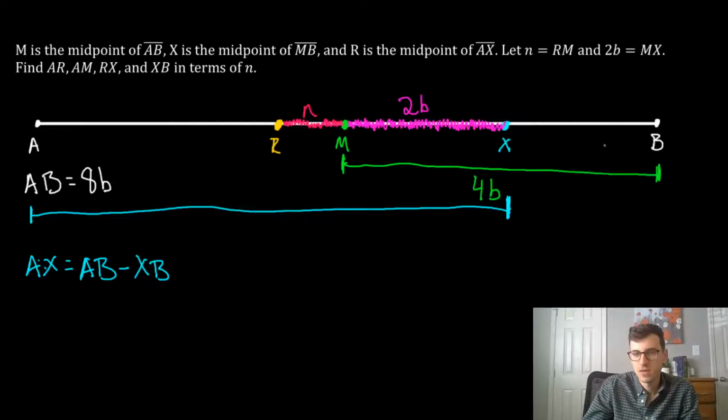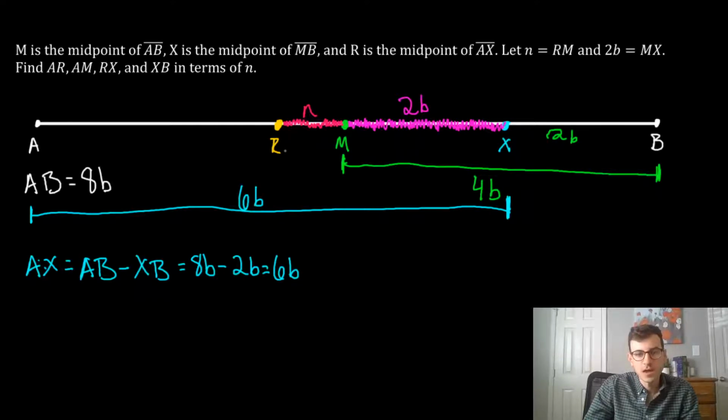XB is half of 4B, as we found earlier, so XB is 2B. AB is 8B, so that's 8B minus 2B, or 6B. So AX is 6B.